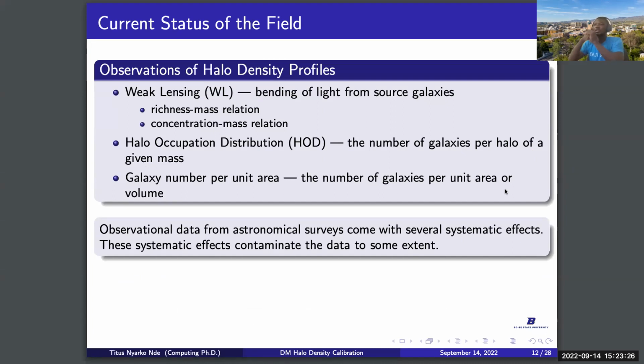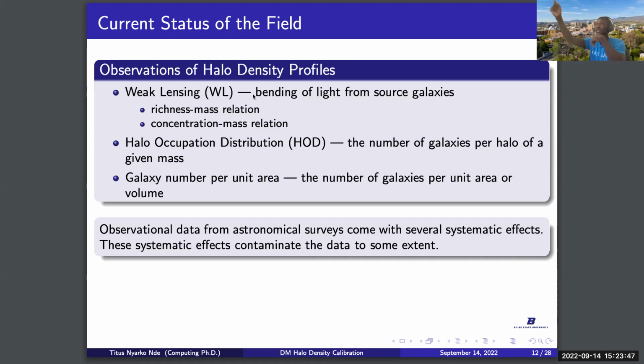So I will take you through the current status of the field. Okay, so for us to observe halo density profiles, like in observations, we can measure them from what? Weak lensing. And by weak lensing, we are just talking about the bending of light due to the presence of what? A massive object.